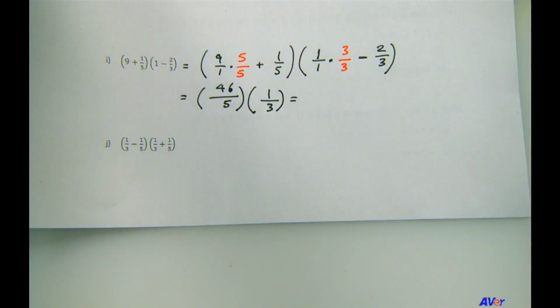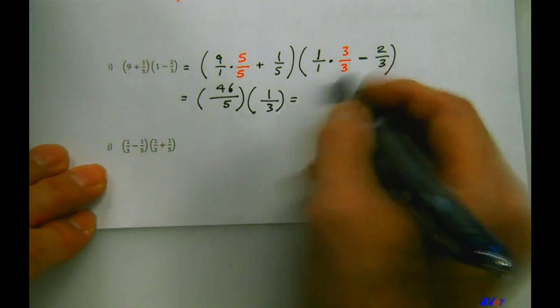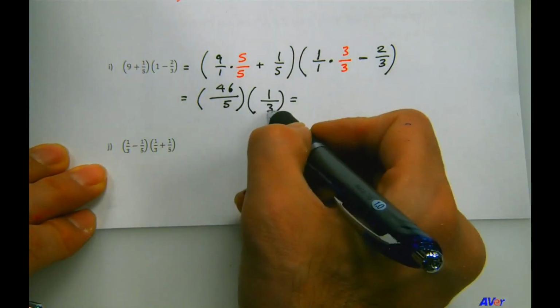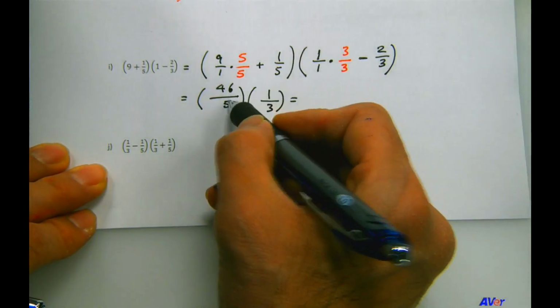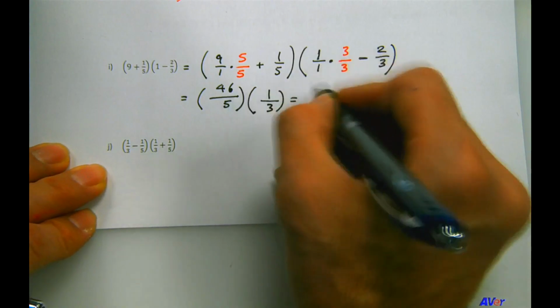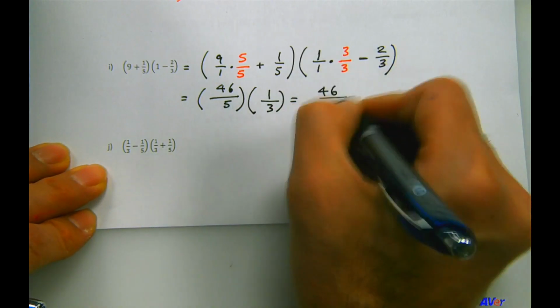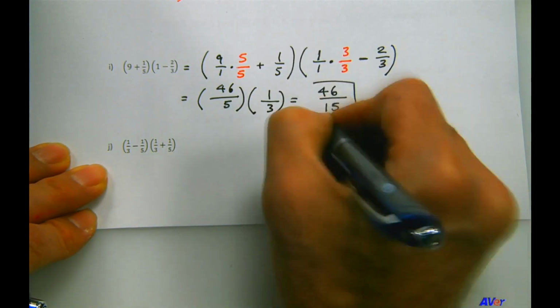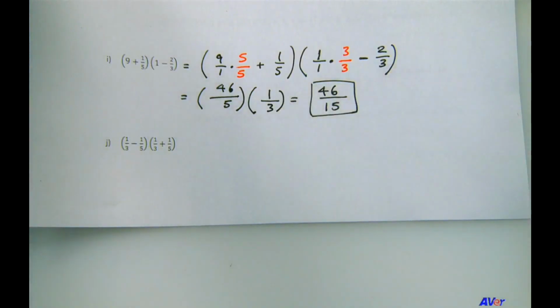Then, do they have anything in common? It doesn't look like it. So, could 3 be a factor of 46? No, it can't. So we say 46 over 15 is the final answer there. Okay. All right.